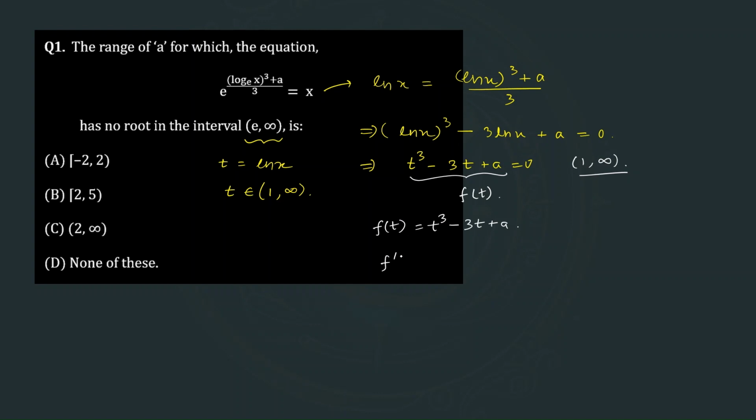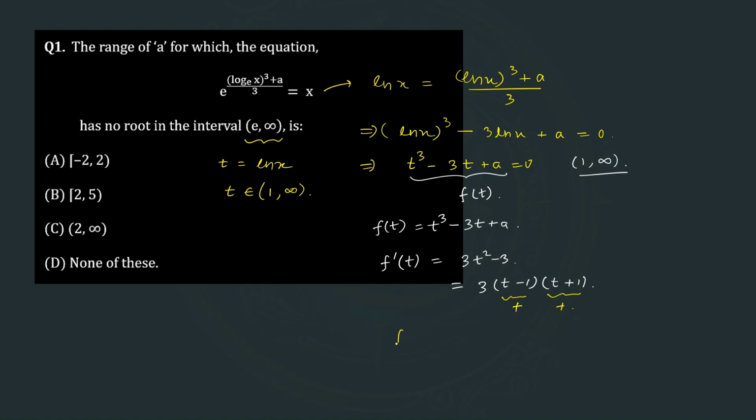Now if we check the derivative of this function, f'(t) will become 3t^2 minus 3, so basically 3 into (t minus 1) into (t plus 1). Now as t belongs to 1 to infinity, we can say that this one is always positive, and this one is also positive.